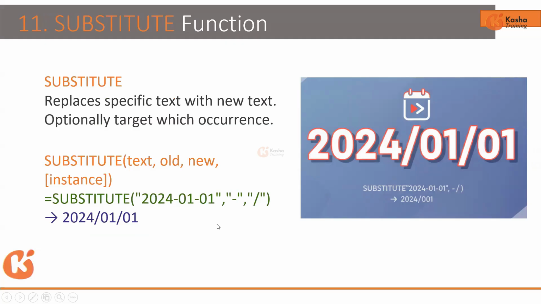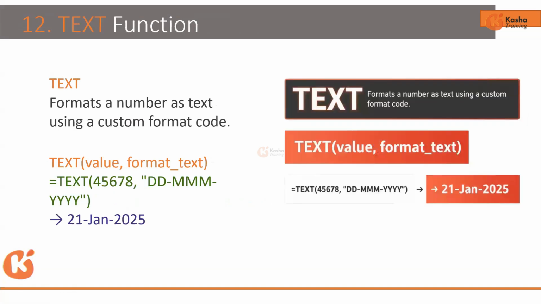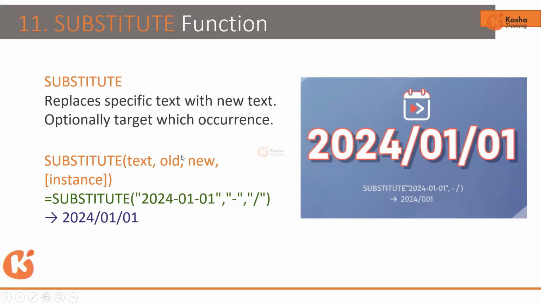And what we want to do is replace the hyphen with the forward slash. So here you can see it has replaced the hyphen with the forward slash. So this is what substitute means. Actually, you can also substitute with text also. We'll see with an example. Here you can see that it just substitutes the hyphen with the forward slash. We'll see how we can substitute text.